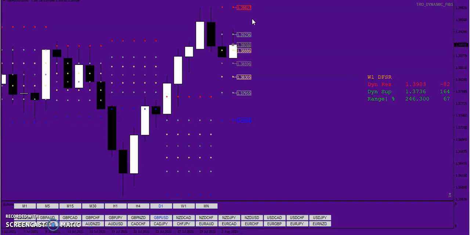So how do you make money with this? Well, if you see it making a high, failing to make the high, reversing off the high, you use these for targets. That's the first step. So you trade towards the dot, away from the extreme, which you have the high here and the low here for the week. Now, the other way is that you target an area.